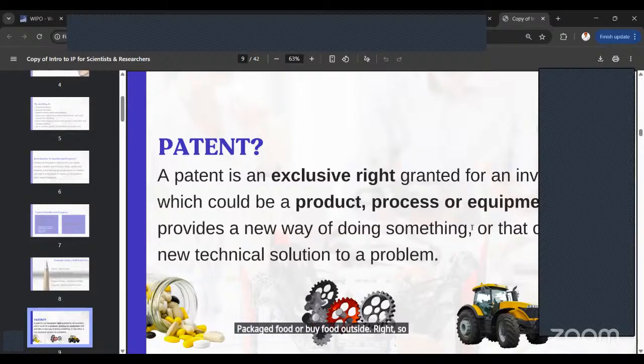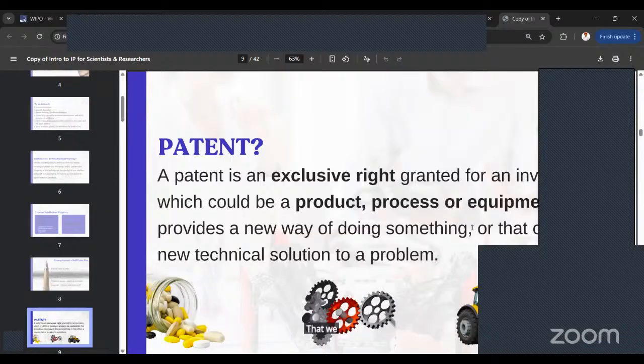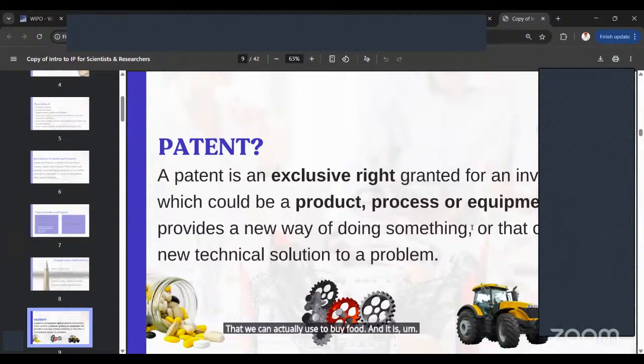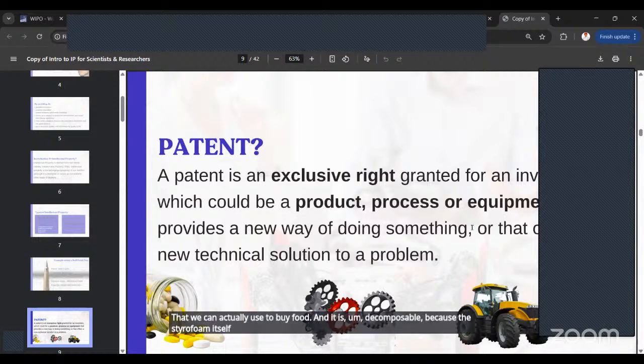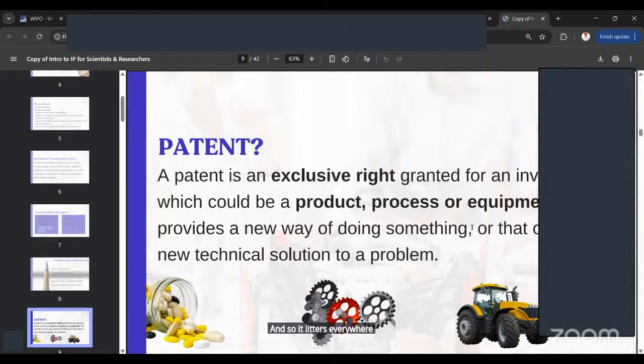So let's say Dennis, for example, decides, since Lagos State government has banned styrofoam, what alternative do we have that we can actually use to buy food and it is decomposable? Because the styrofoam itself wasn't decomposable, it's not biodegradable, and so it litters everywhere. If Dennis now decides, oh, I have a solution to this problem, then he says, okay, let me write down the solution I have, and I want to patent this solution because number one, it is an invention, it is my invention.